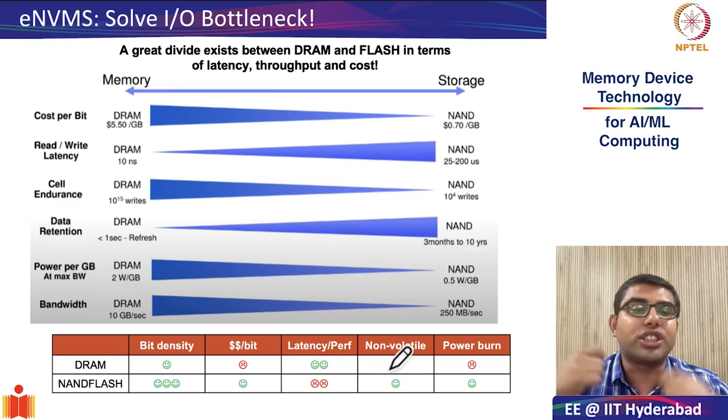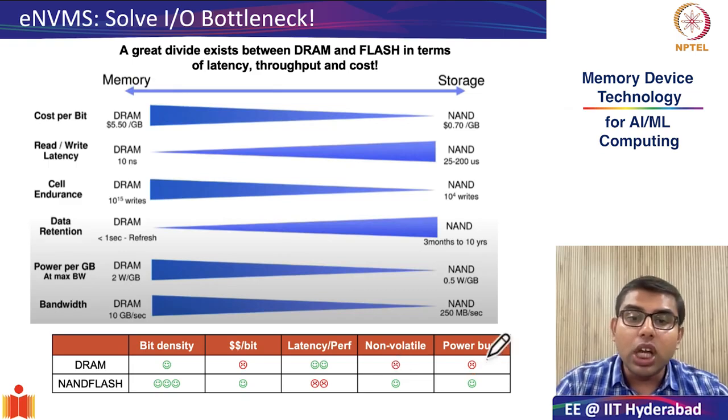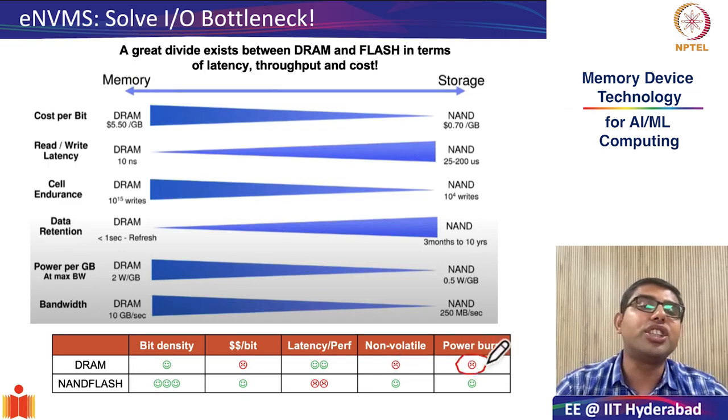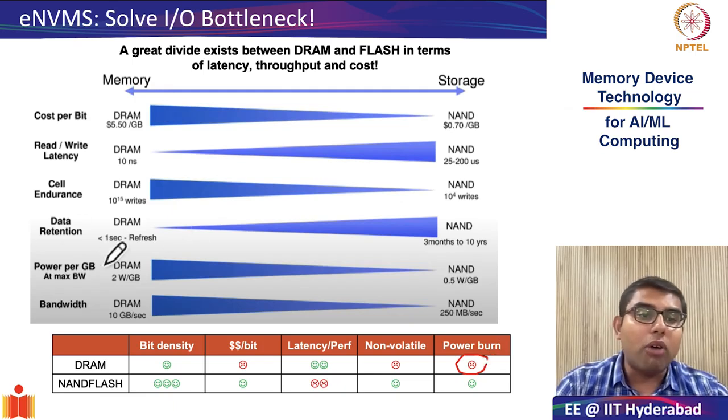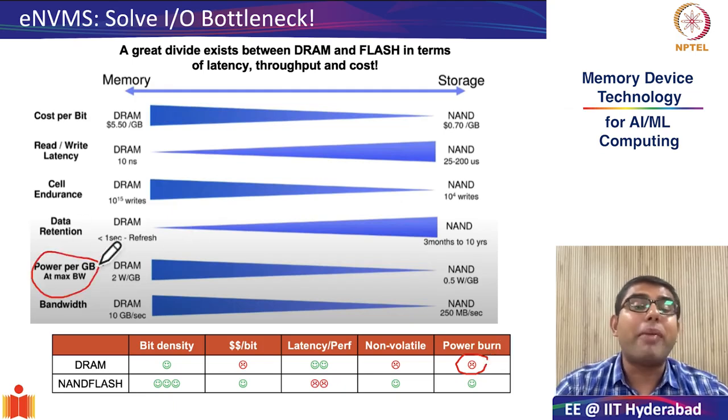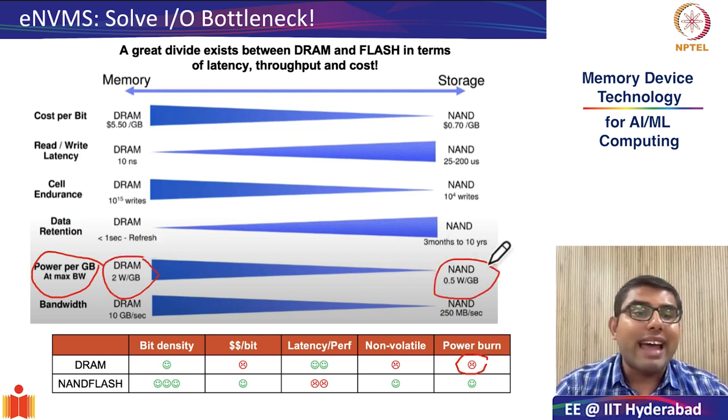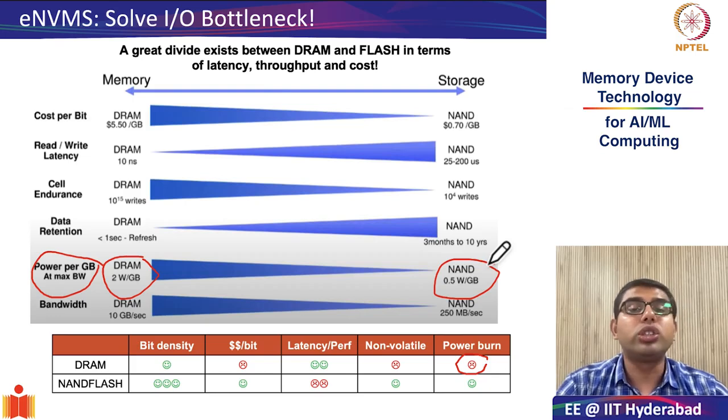And this continuous refresh is what results in much larger power burn. That is what is indicated in power per GB at maximum bandwidth. As we see, the difference in power burn between NAND flash and DRAM is close to 4 times.